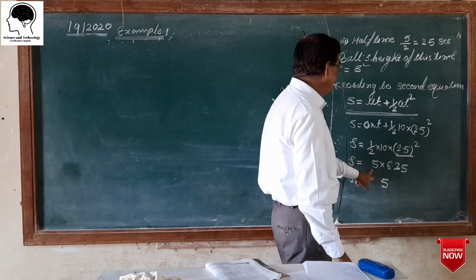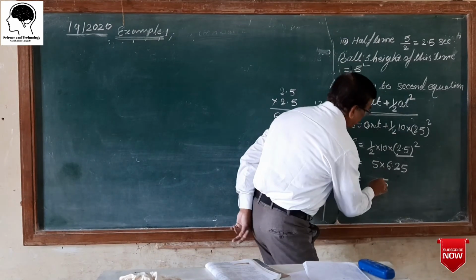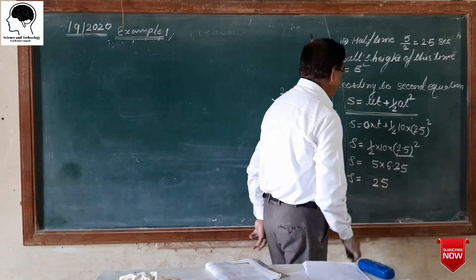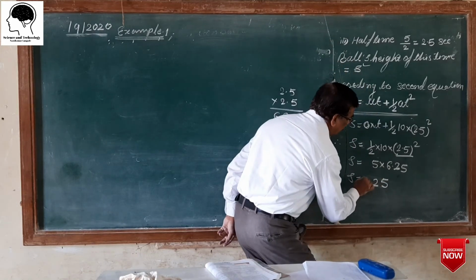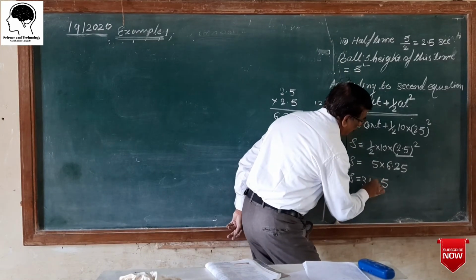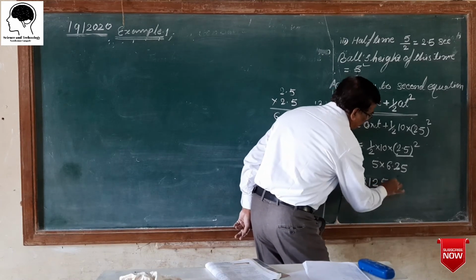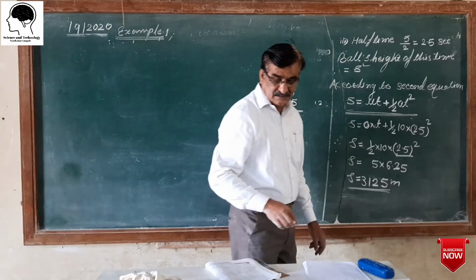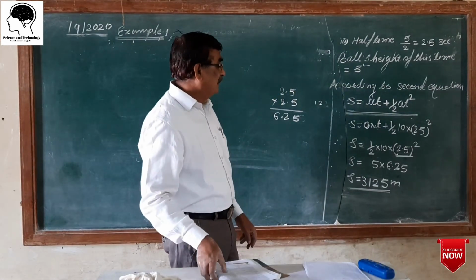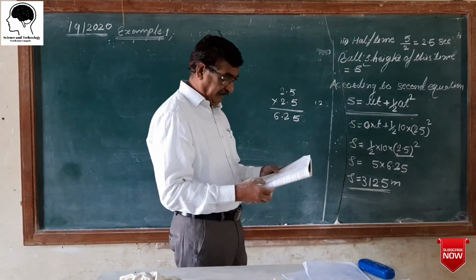Then we get 31.25. It is the distance, that is 31.25 meter.